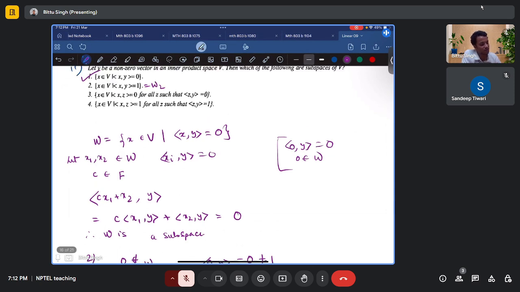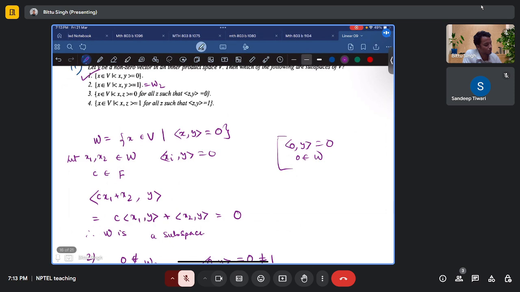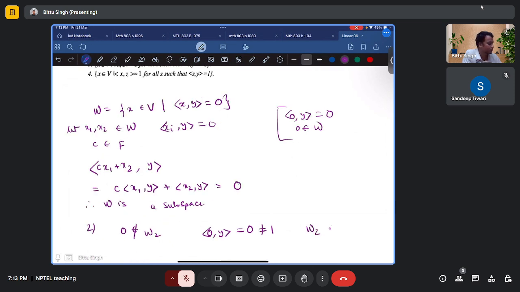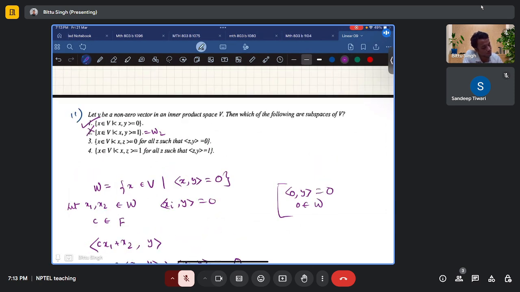So 0 does not satisfy this condition, so 0 cannot be in W2. Therefore, W2 is not a subspace. So this is false.